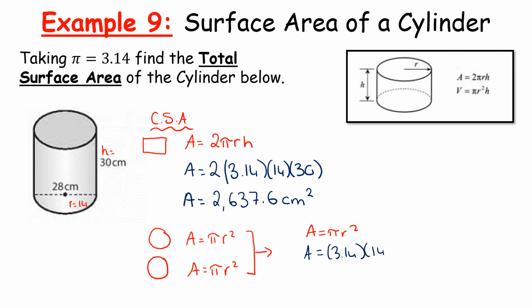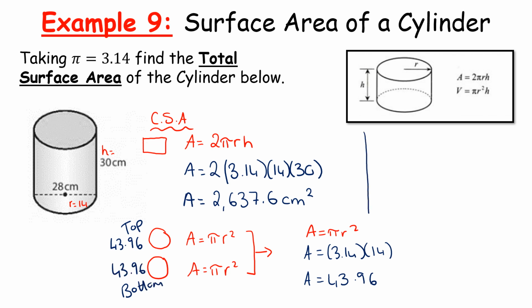So that is 14 squared. So 3.14 by 14 squared gives us 43.96, and then I have the top, which is 43.96, and I have the bottom, which is 43.96.